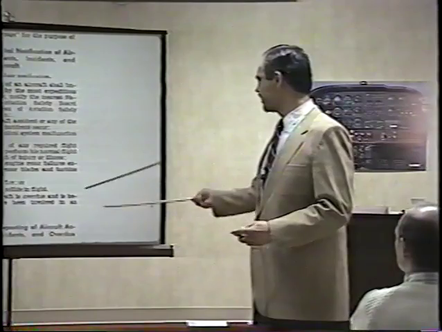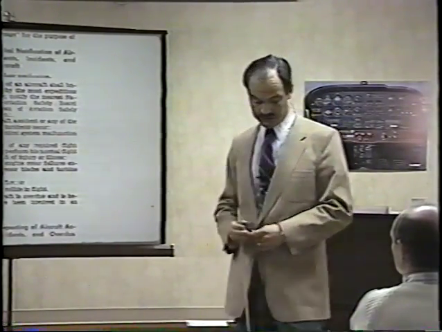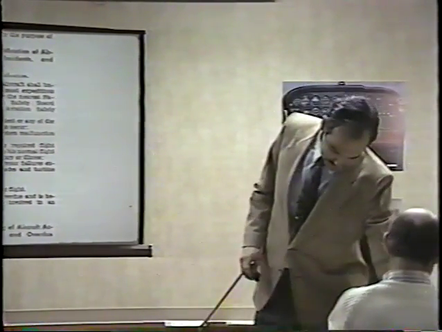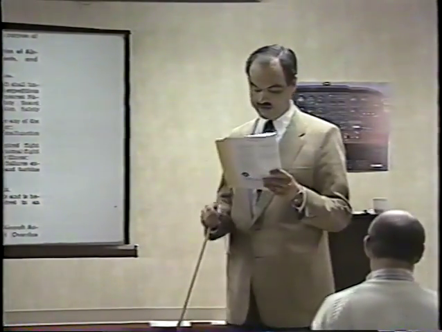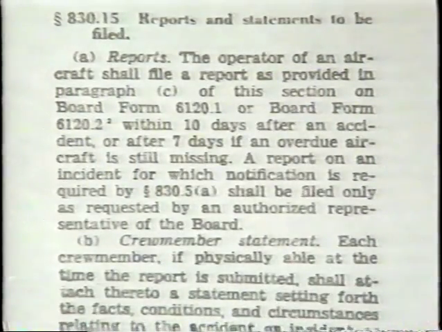Okay, now then it talks about reporting of accidents and incidents, and it gives some time periods here. You may want to look at here. Look at yours. I got mine here. Okay, I got it. Reporting. It says the operator of an aircraft shall file a report as provided in paragraph C of this section within 10 days after an accident or 7 days if an aircraft is overdue and believed to have been involved in an accident, or 7 days if the aircraft is still missing.